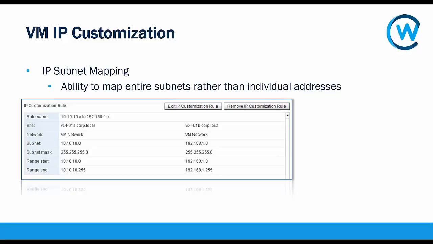If you did suffer a DR event, you can just make that subnet routable on your local switch, and do some changes on your internal routing infrastructure to make it route out to the internet, and that saves re-IP addressing each VM. So that's another option. So we basically have 3: you can either use layer 2 stretched VLANs, you can re-IP them using this new IP subnet mapping, or you can just use non-routable VLANs.